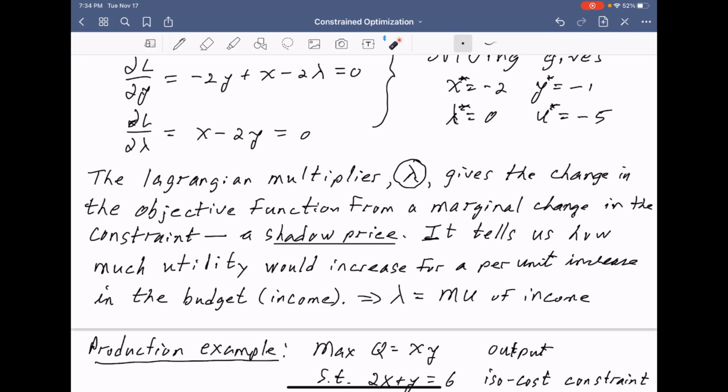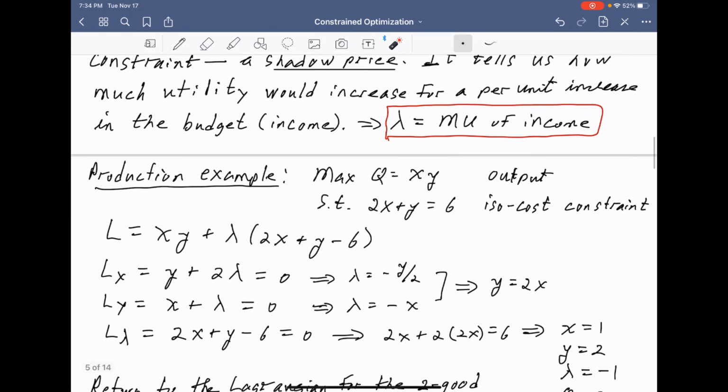And we know that to be a shadow price. It tells us how much utility will increase for a per unit increase in the budget or in income. And then we come back to the same thing that we had previously, that lambda is equal to the marginal utility of income, or perhaps more correctly, the marginal utility of budget.